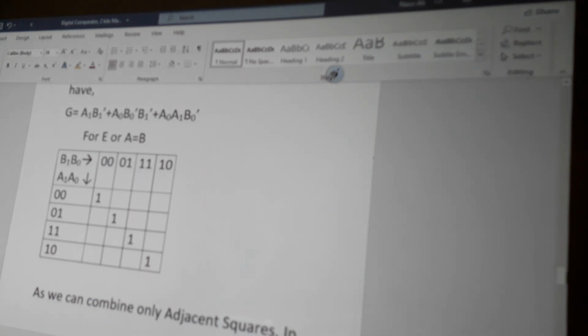And similarly, we will draw another K-map for L, and then we will write 1 in the corresponding squares of the min terms available in the relation of L. Then we will make groups of the adjacent squares, and then we can write the simplified relation for L, and then we can draw the logic diagram.